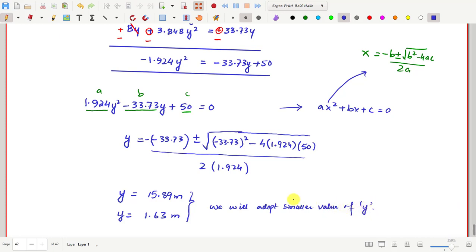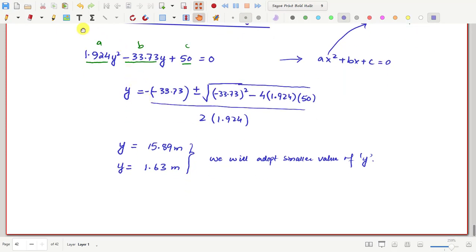What is y? Y is depth of the canal, right? So we got our depth. The first thing with us, the depth of canal will be 1.63.